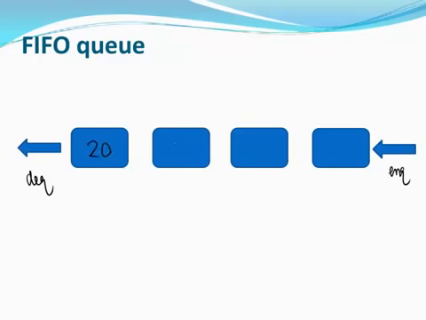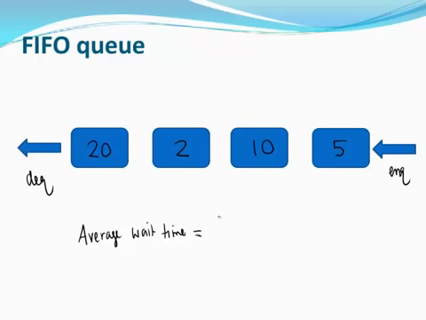Let's say the first person takes 20 minutes, the second one 2 minutes, the third one 10 minutes, the fourth one 5 minutes. You ask the question, what would be the average wait time per customer if you're waiting in this line, assuming no one else is coming and joining this line.